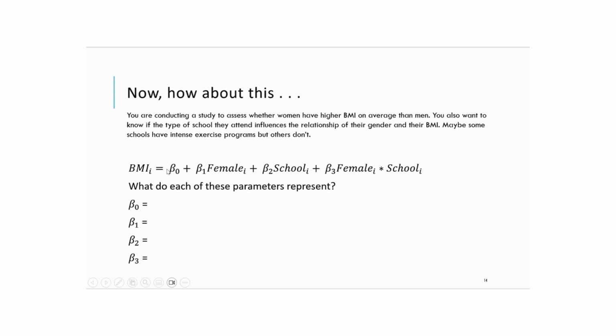So here, what is your B naught? Your B naught is just like we did in the previous example. Your B naught is the average BMI when your predictor variables are 0.